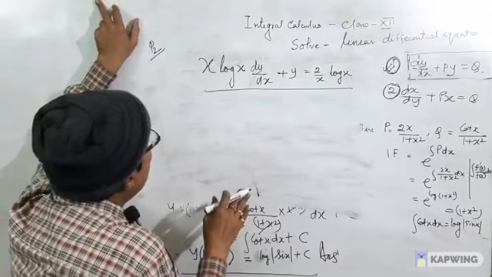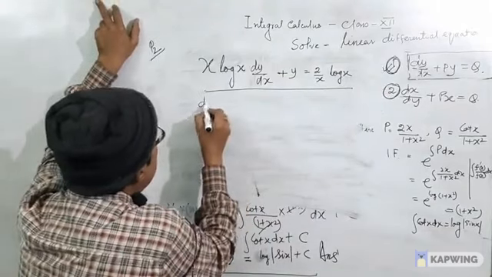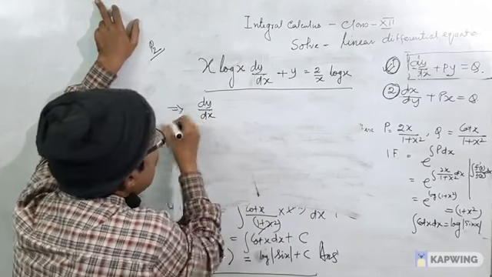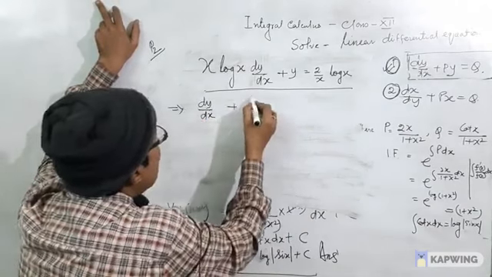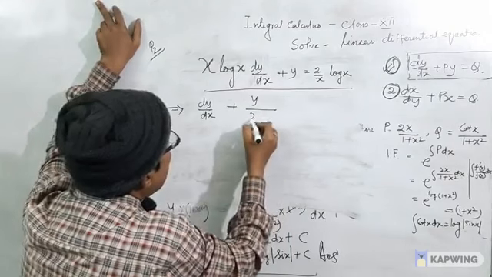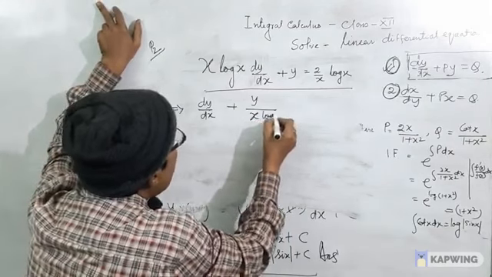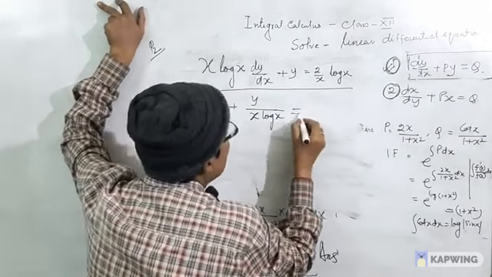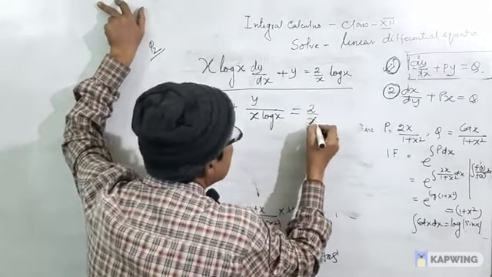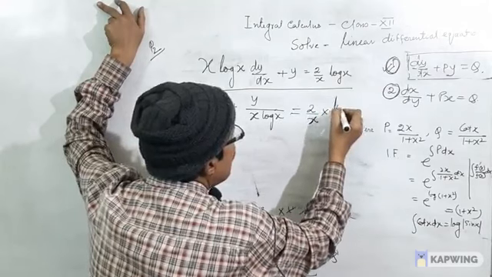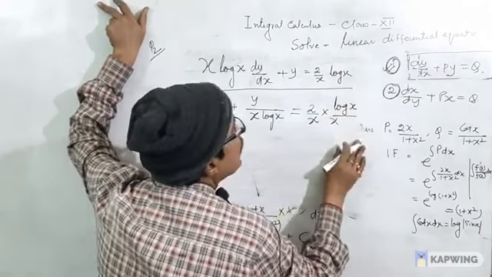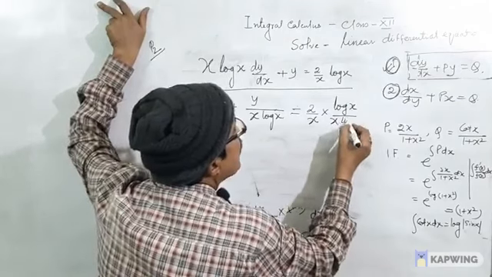So we get dy upon dx plus y upon x log x equal to 2 log x upon x log x.